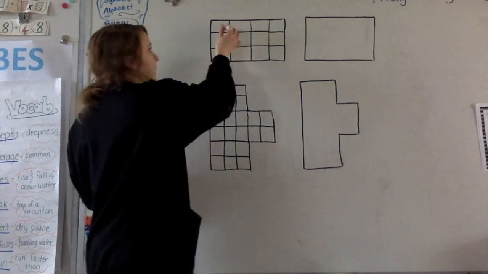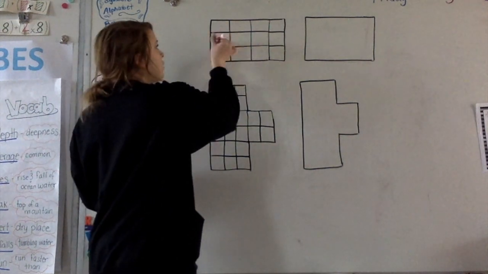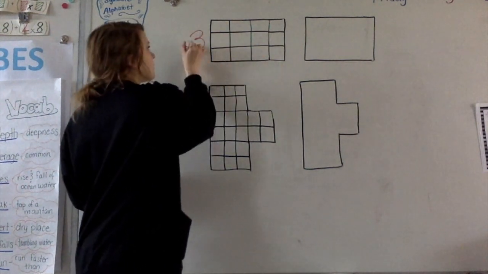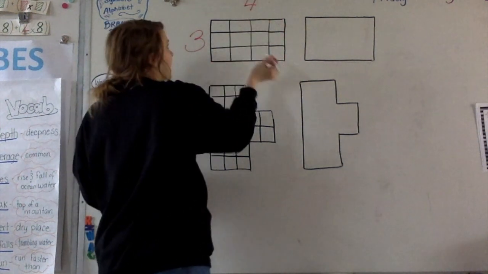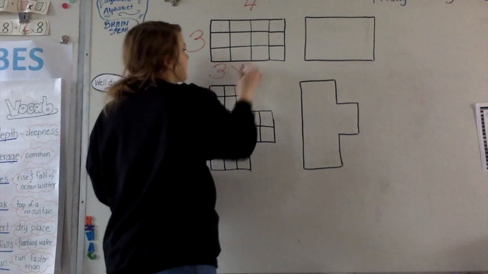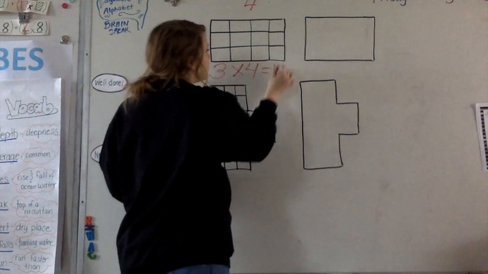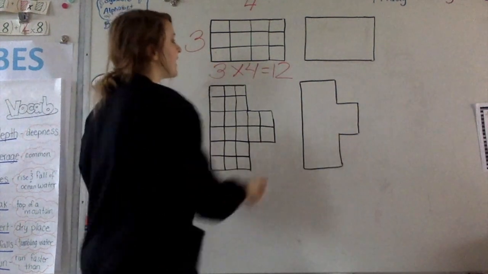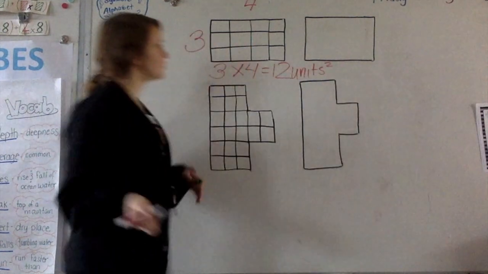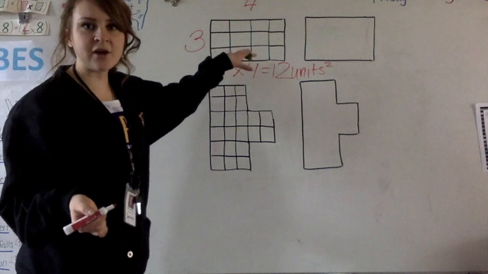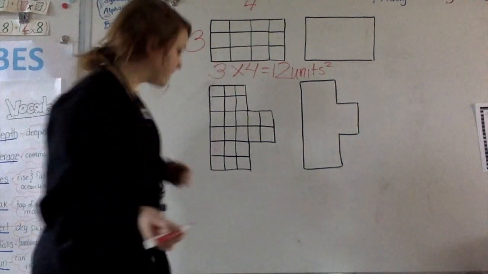Or we could count how many rows there are. So there is 1 row, 2 rows, 3 rows. And then there are 1, 2, 3, 4 in each row. And I know that 3 times 4 equals 12. Then I would add my units squared. So that's how I would find the area of a regular shape.